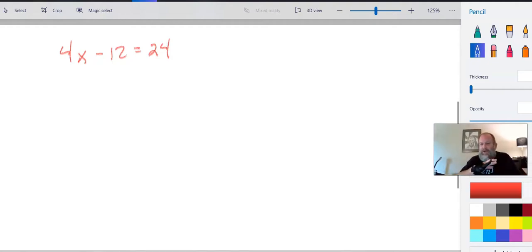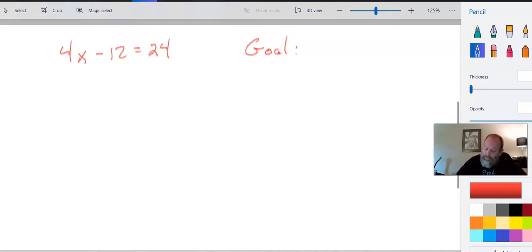Basically, the big difference is there are two operations holding x back, right? Because really our goal, and you want to be thinking about this in terms of goals because the steps change every single equation, so you want to think about what your goal is.